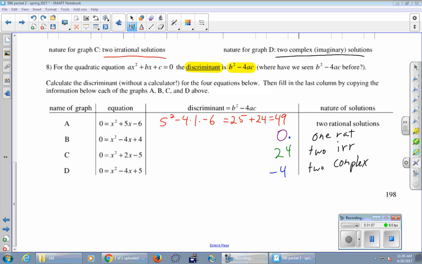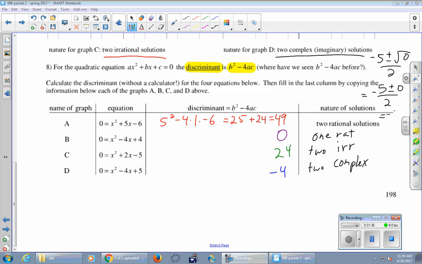Okay, 0. So again, imagine square root. What is the square root of 0? It is 0. And so I'm just going to make up some numbers. Maybe it's like -5 plus or minus square root of 0 over 2, something like that, right? And so it's -5 plus or minus 0 over 2. How much is -5 plus 0? -5. How much is -5 minus 0? Also -5.